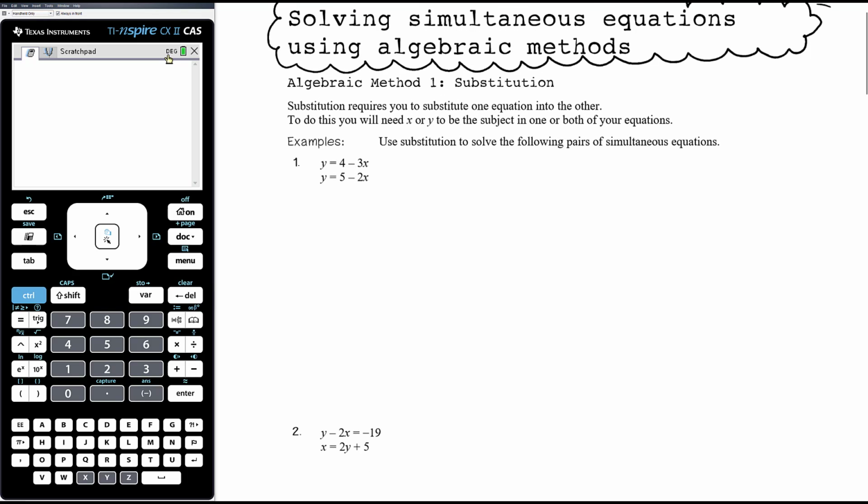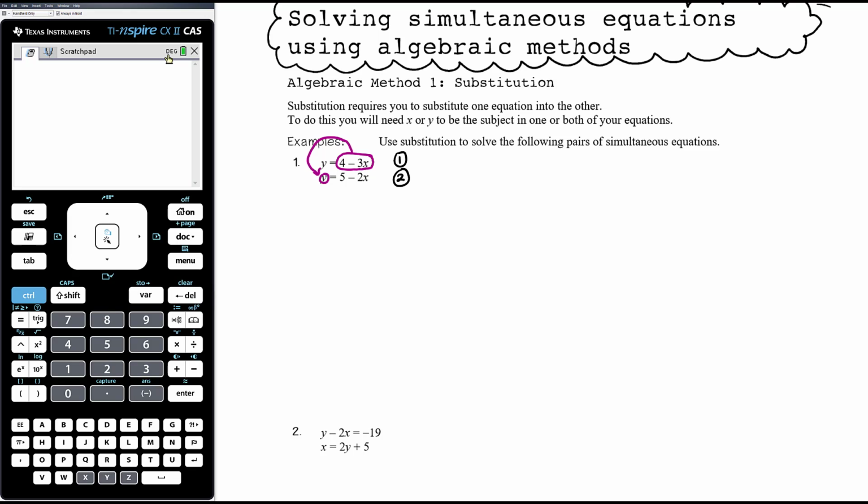So in this first example, we have y as the subject in both equations. Now that's not necessary, but in this case we do, so we can think about the substitution both ways around. If I call them equation 1 and equation 2, equation 1 tells me that y is equal to 4x minus 3. That thing I've just circled in purple is equal to y, which means in the other equation we can replace y with that.